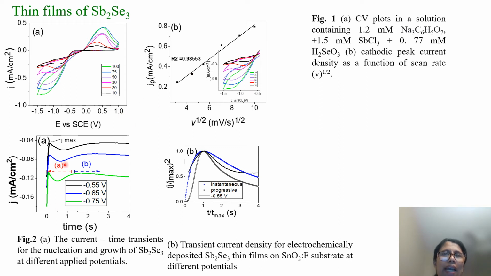This figure shows the initial stages of the chronoamperometric curves of the deposition. This curve gives an idea about the type of nucleation and growth. These I-T curves are at different potentials but have a similar form.